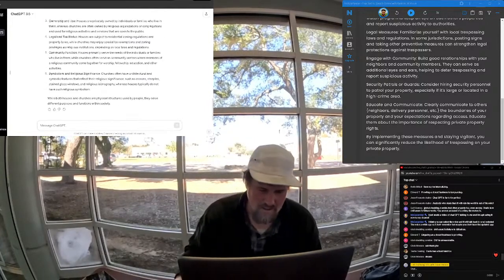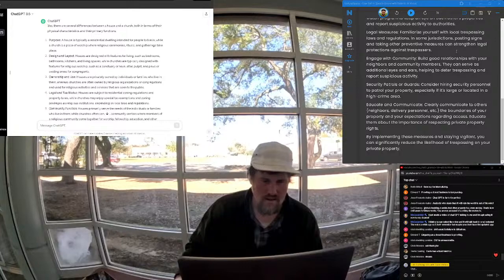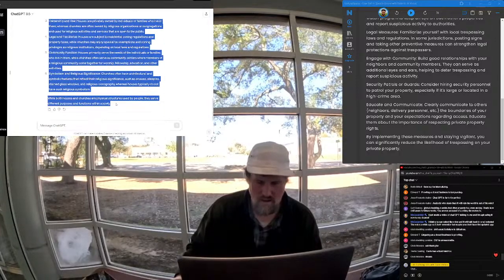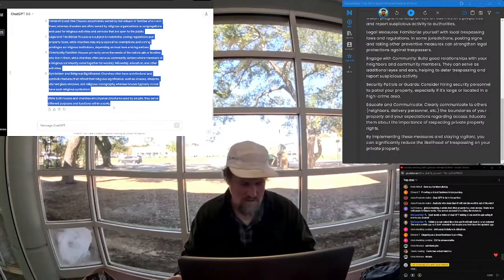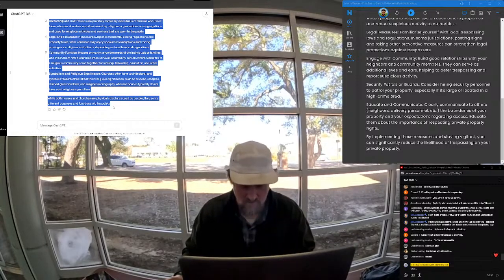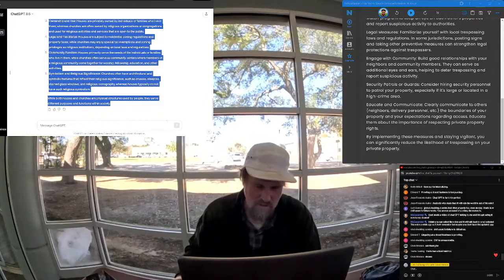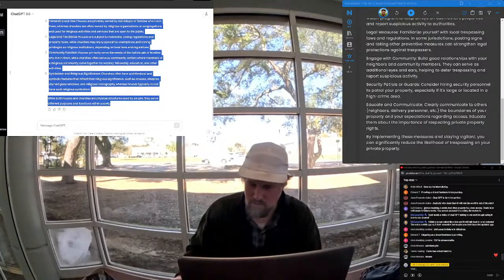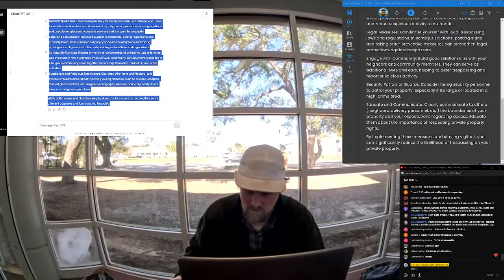Yes. All right, so apparently it's a straight yes. It's not, oh, it depends. It's yes, okay? How about, does a judge know the difference between a house and a church?